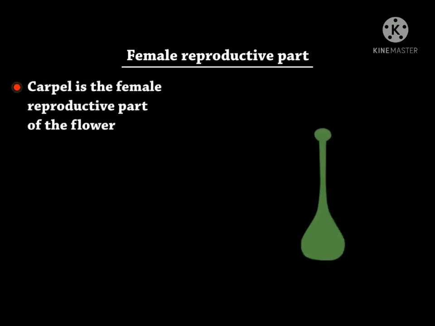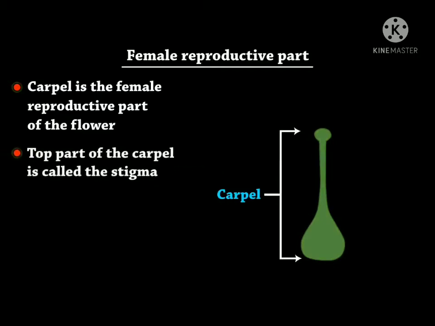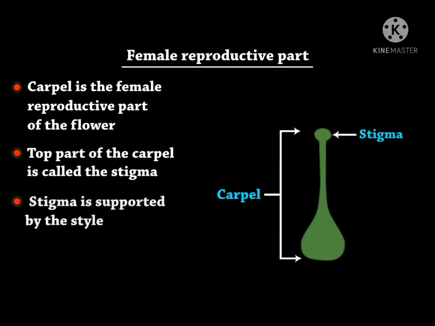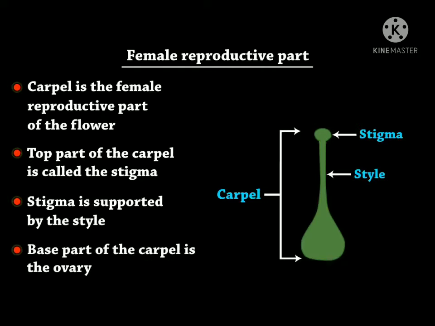Second is the female reproductive part, that is the carpel, and the carpel comprises three further units. First is the stigma, the receptacle or uppermost part of the carpel. Second is the style, the connection between the stigma and the ovary, a kind of support to the stigma. The base part of the carpel is called the ovary, and the ovary contains ovules.